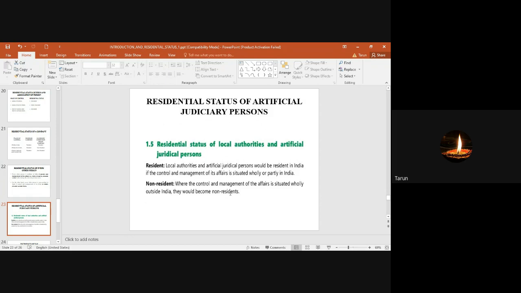If everything is outside India, it becomes a non-resident. So local authorities and artificial juridical persons are termed non-resident if everything is outside India, that is, the place of effective management and control of the affairs of its business is outside India.